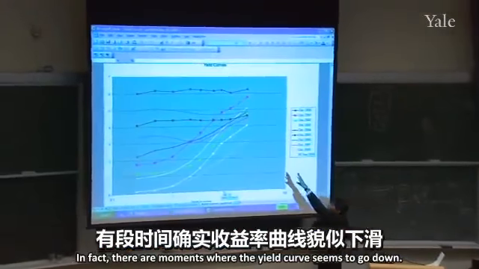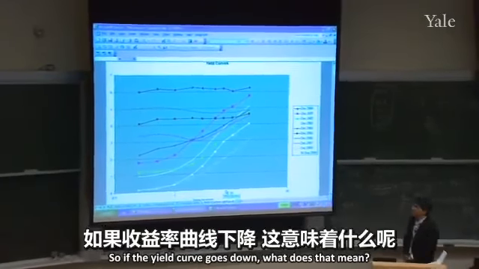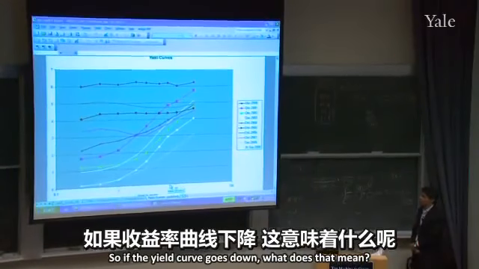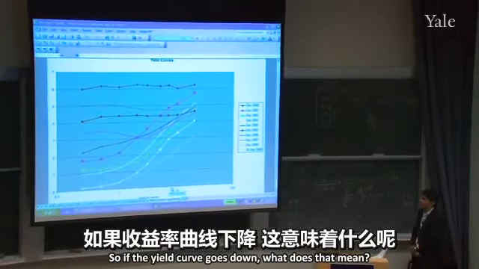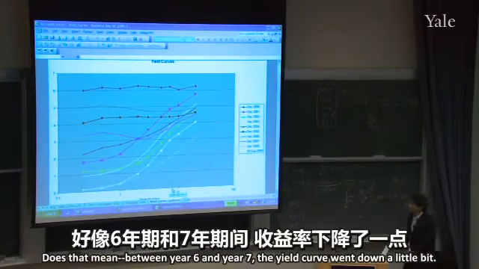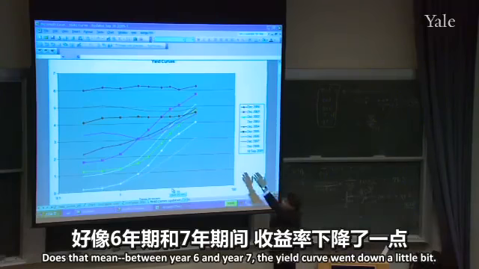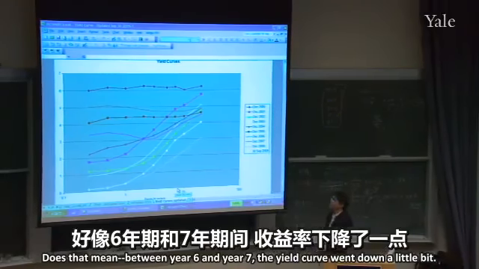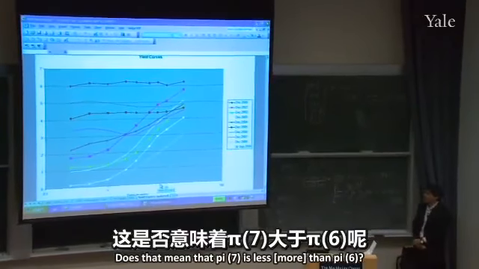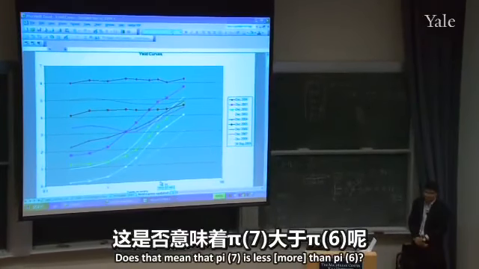In fact, there are moments where the yield curve seems to go down. So what is that? If the yield curve goes down, does that mean that between year 6 and year 7, pi 7 is less than pi 6?